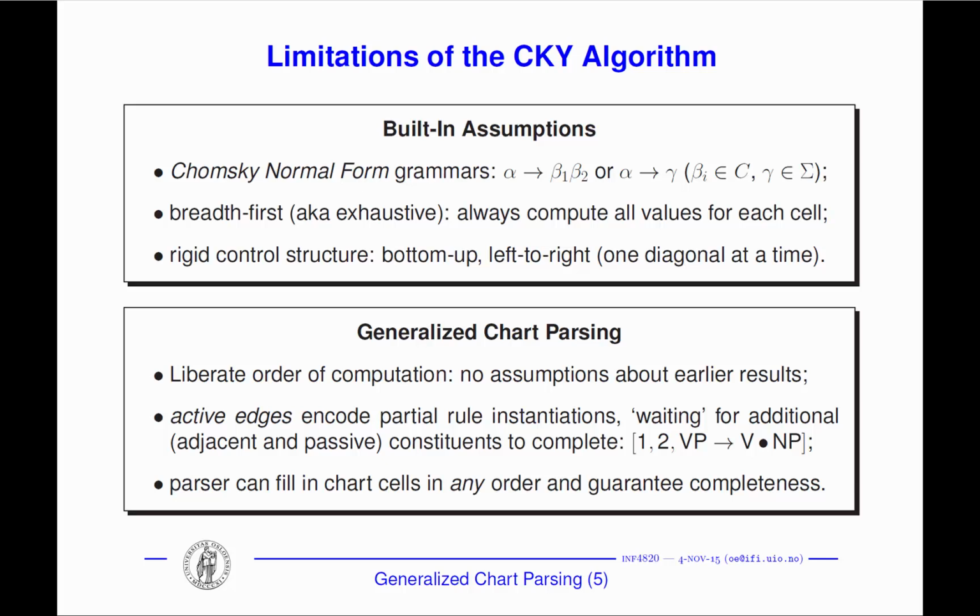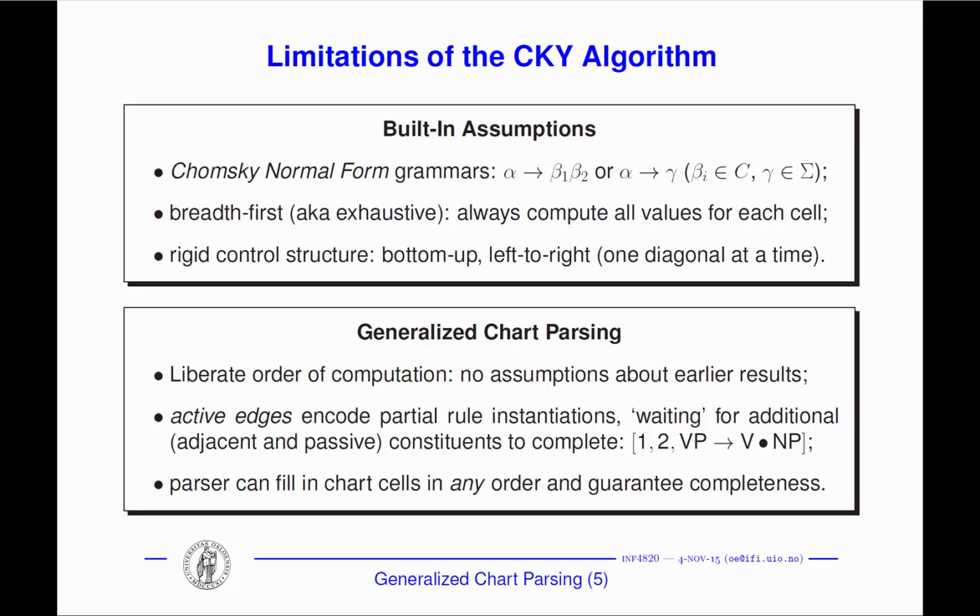Remember we said the linguist is often interested in all trees. The application builder typically isn't. We will very soon put a notion of probabilities over our trees. So having to compute all of them to then eventually just pick the one that is most probable is not necessarily the most efficient approach. So being able to vary the order of computation is an advantage.